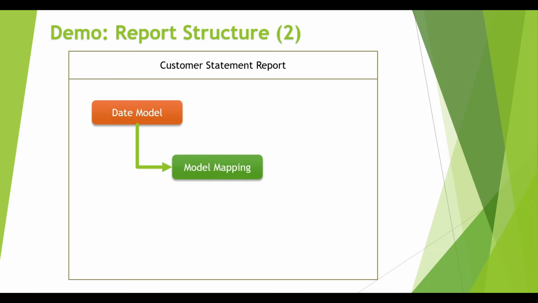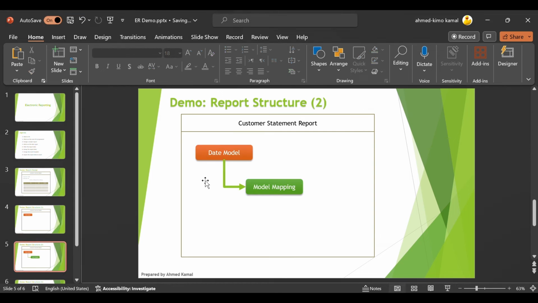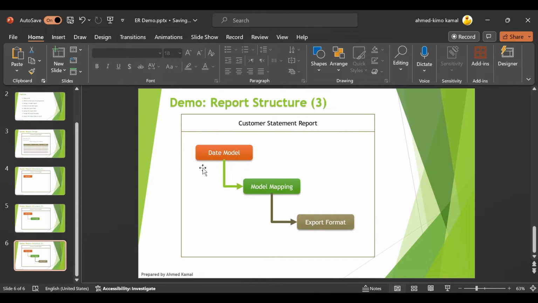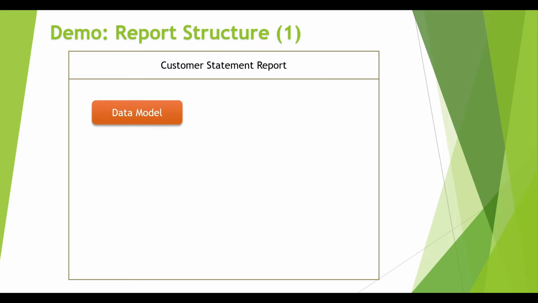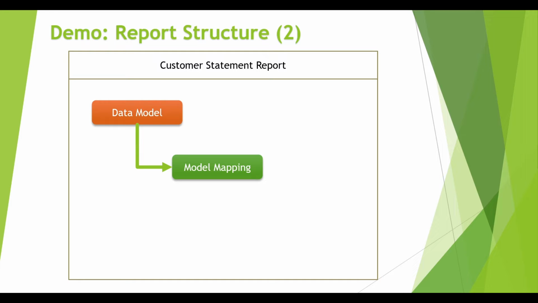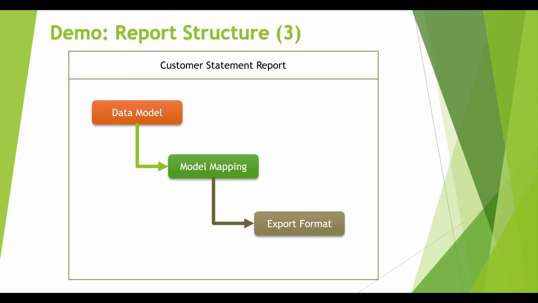After the data model, I have to map this data model with the data from the Dynamics itself. So after creating the data model and mapping it, I have to create the export format linked with the mapping I already did.